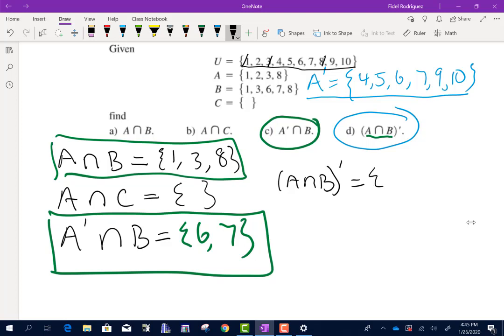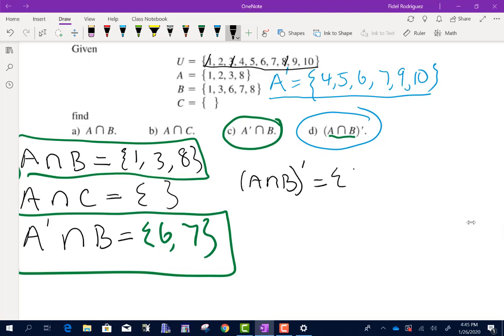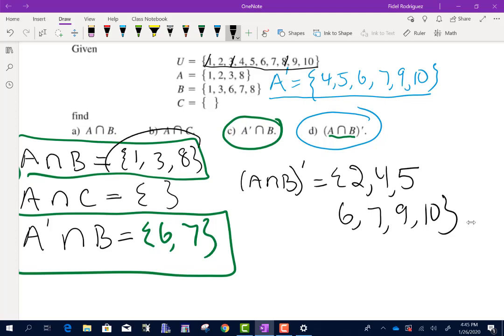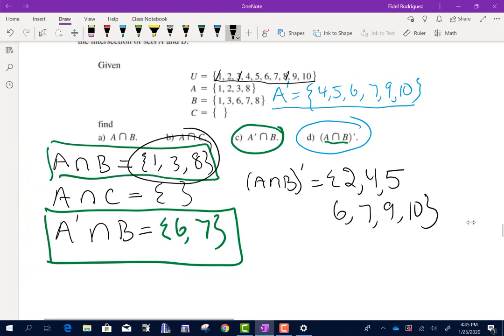So I want the numbers 2, 4, 5, 6, 7, 9, and 10. And that's how we can find A intersection B complement, right? Again, guys, notice what I had to do. I had to know what this was first, just like order of operations. I got to do what's on the inside of those parentheses first.